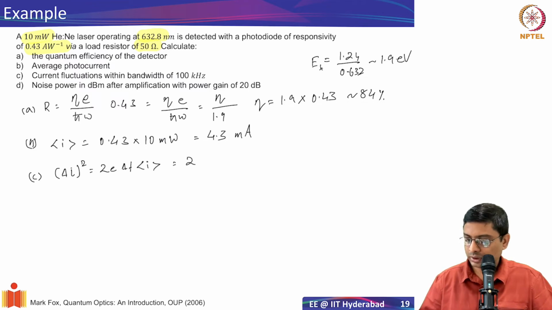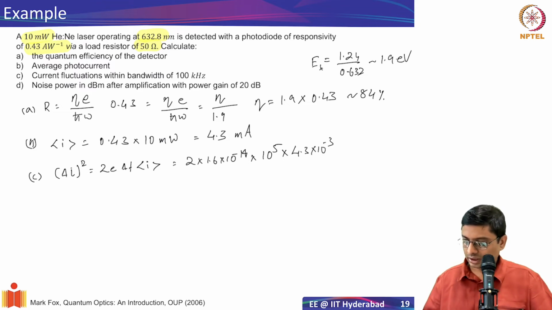That's equal to 2 into 1.6 into 10 power minus 19 into delta f, which is the bandwidth of 100 kilohertz, so 10 power 5, into the mean current, 4.3 into 10 power minus 3.